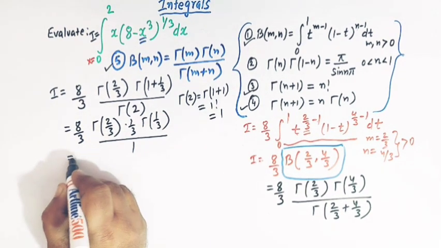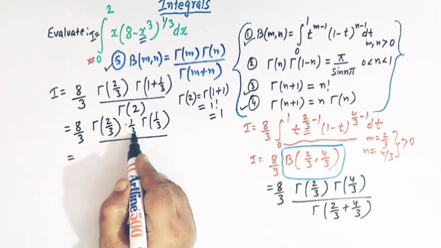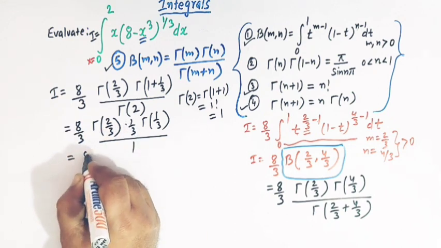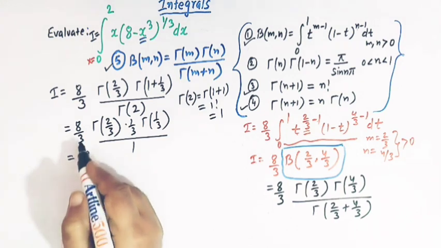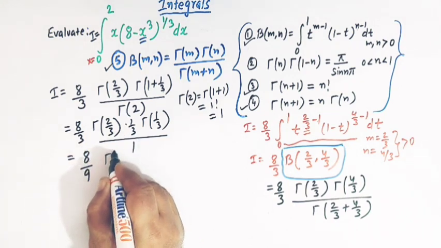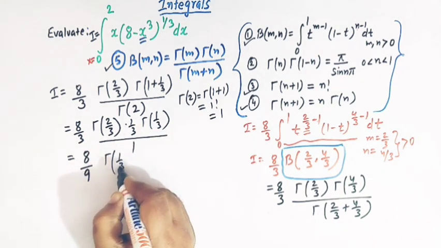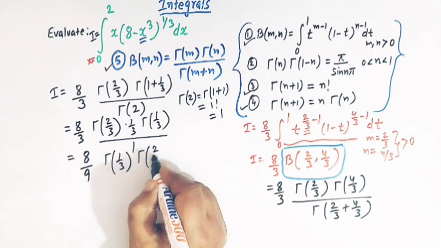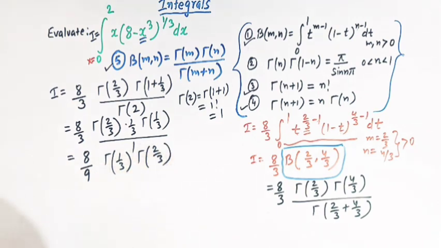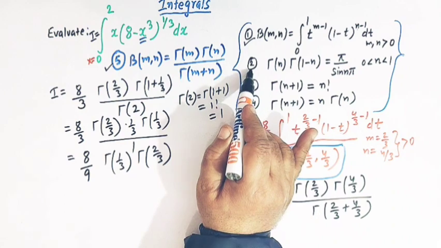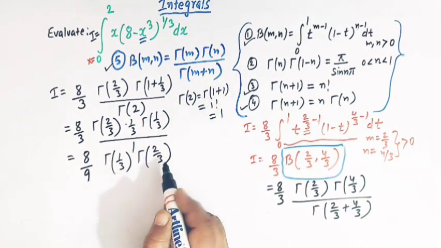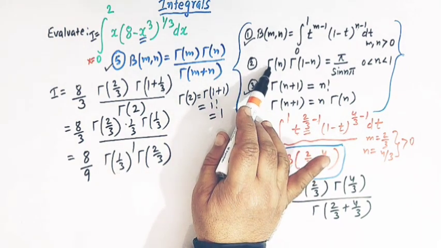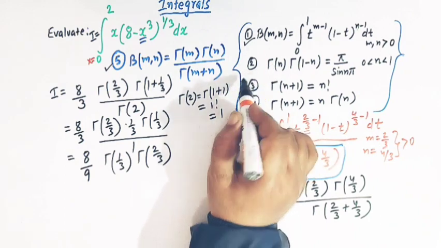So now simplifying it, we have 1 over 3, here 8 over 3, so this is 8 over 9, right? 3 3s are 9, and gamma of 1 by 3 and gamma of 2 by 3, right? So now we are left with this result. So now we'll use this result, which is also known as Euler's reflection formula.